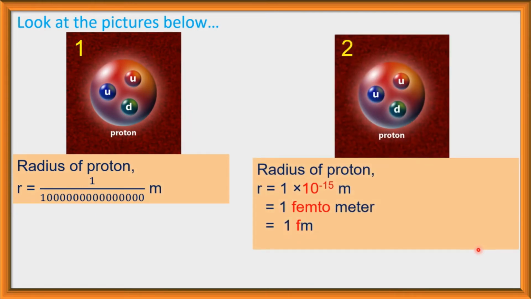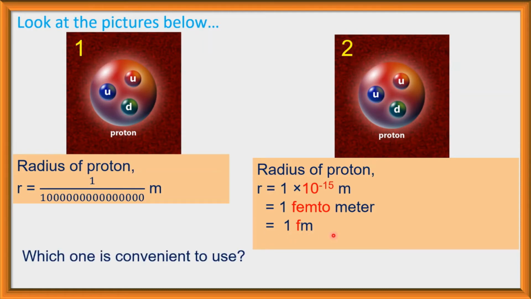Here, look at these pictures. Here the radius of proton r is equal to this number, which is 1 into 10 to the minus 15 meter. This is equal to 1 femtometer.